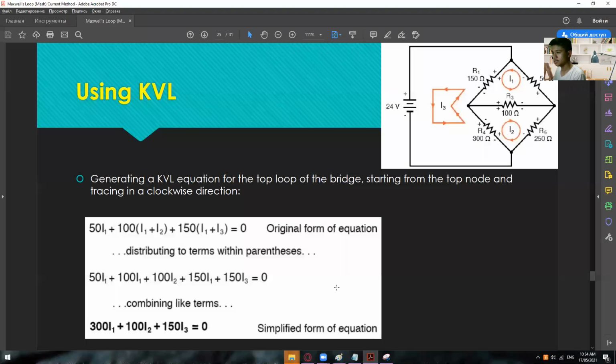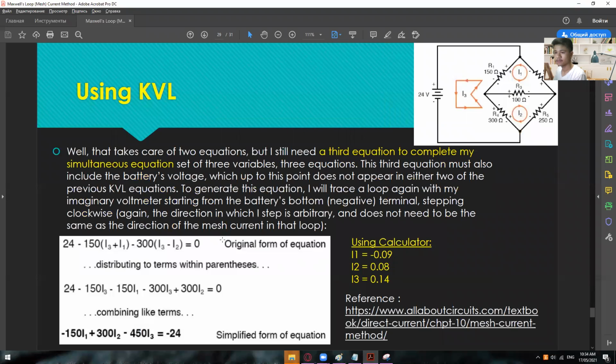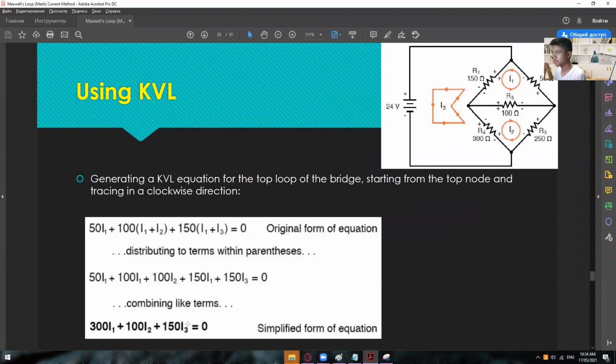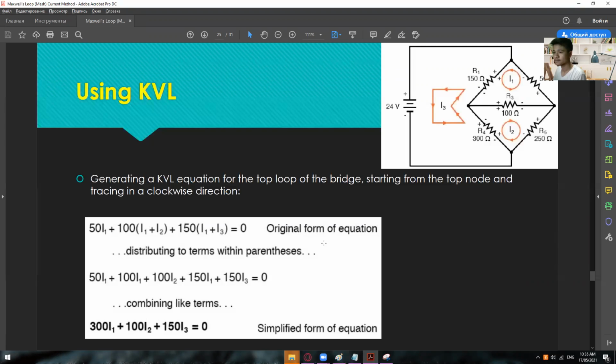So the next thing that we can do is compare whether we have the same equations. Let me see. I guess this is equation number 1: 300 I sub 1 minus 100 I sub 2 minus 150 I sub 3. Why do we have different signages? Okay, let me just check. 50 I sub 1 plus 100 plus 150.